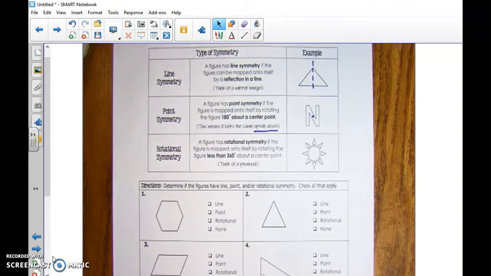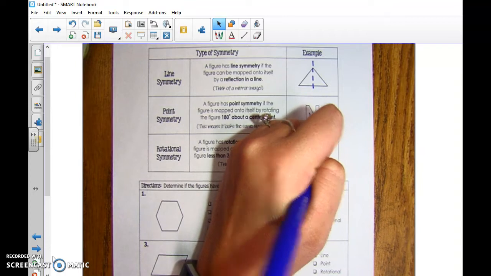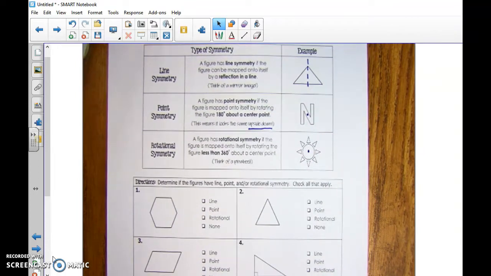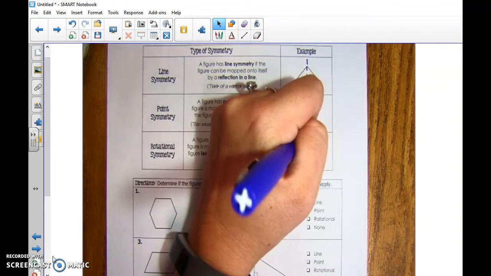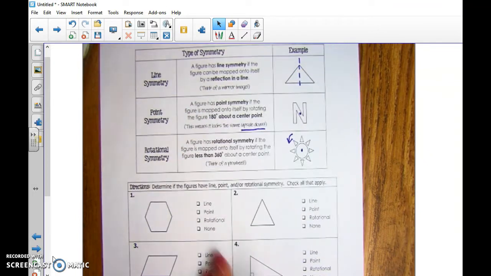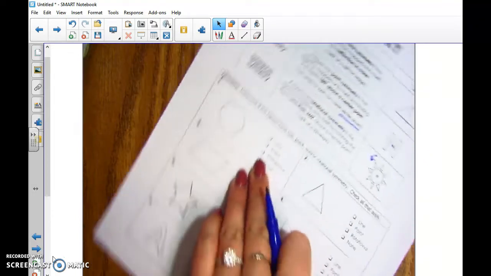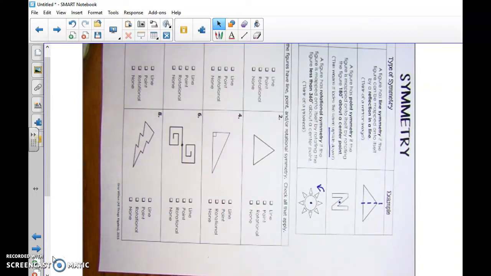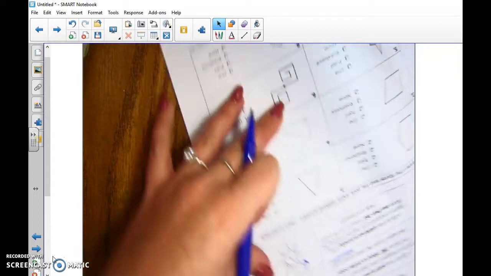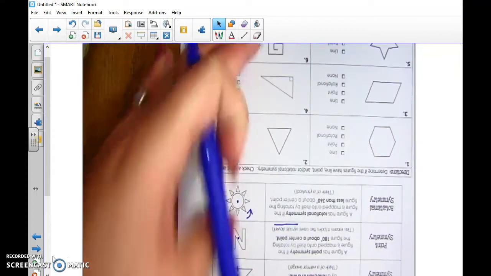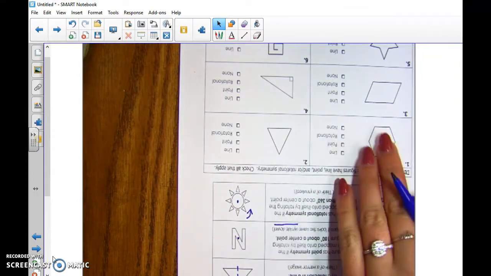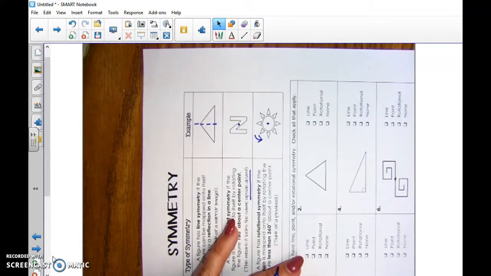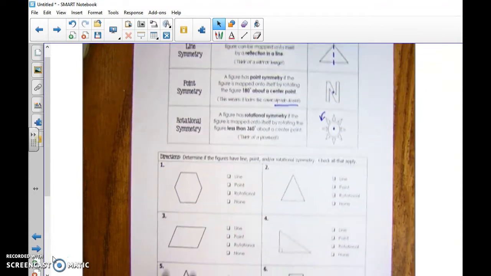So when we put a dot in the middle of our little sun right here, if we turn it like this, so let's say we turn it 90 degrees, okay, still looks the same, right? We can turn it another 90 degrees, still looks the same. We can turn it one more time, still looks the same, okay? So we are back where we started.